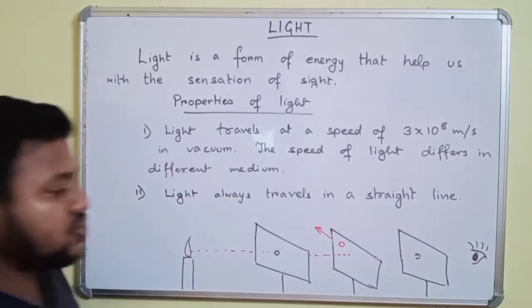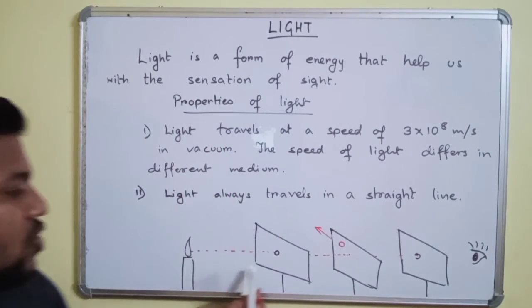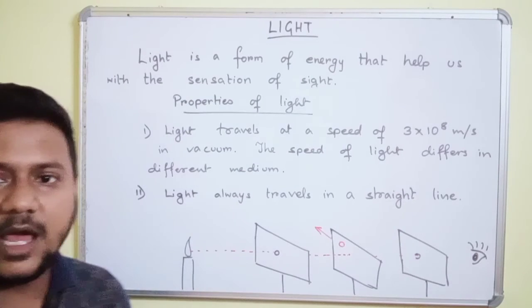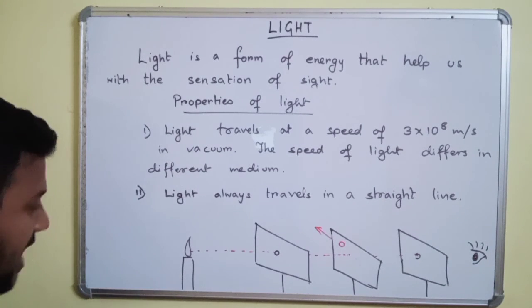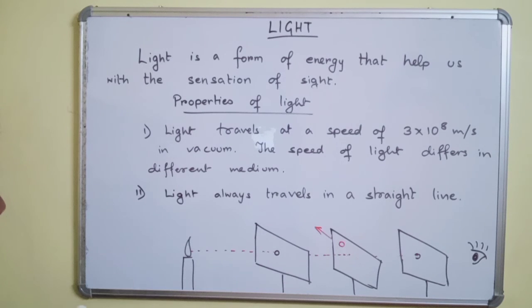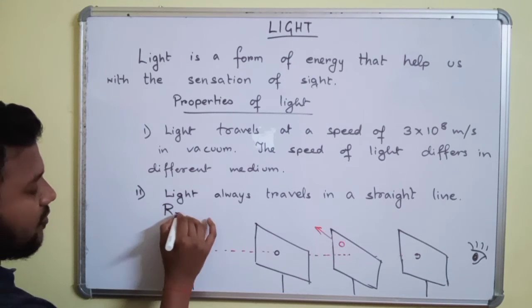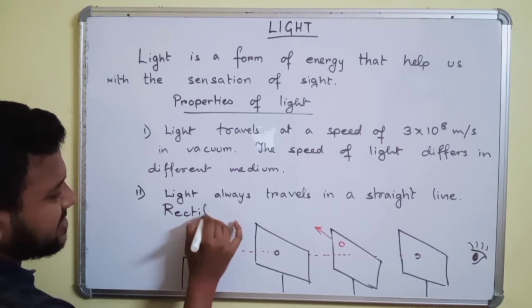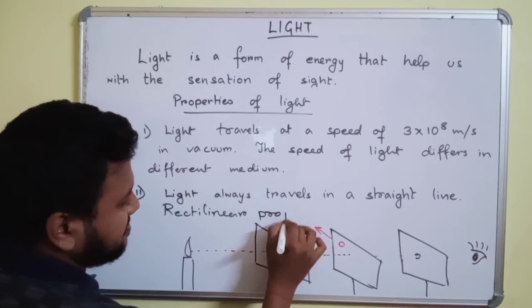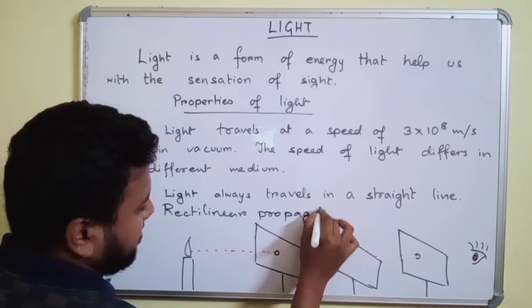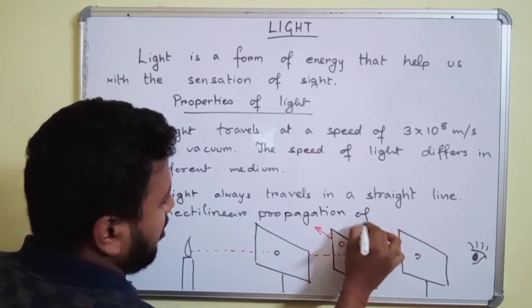This experiment shows us that light always travels in a straight line. This property of light is also called rectilinear propagation of light.